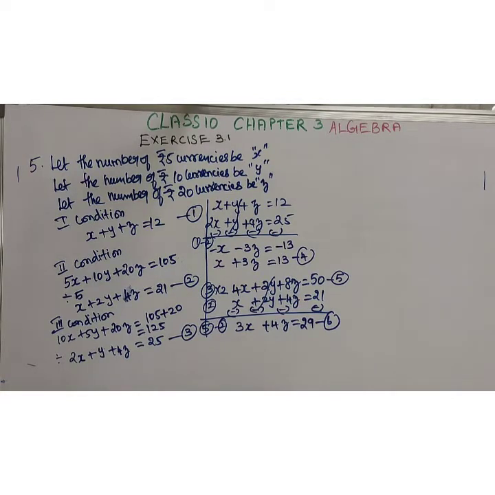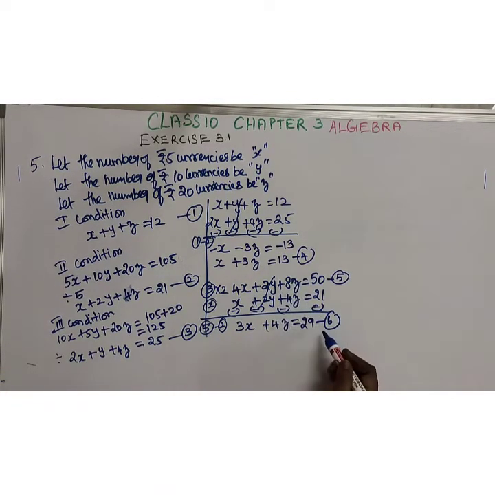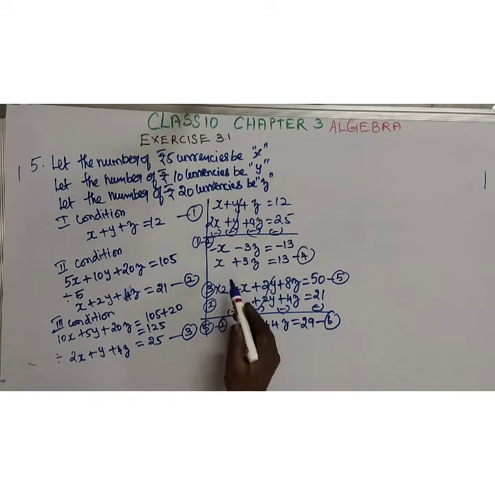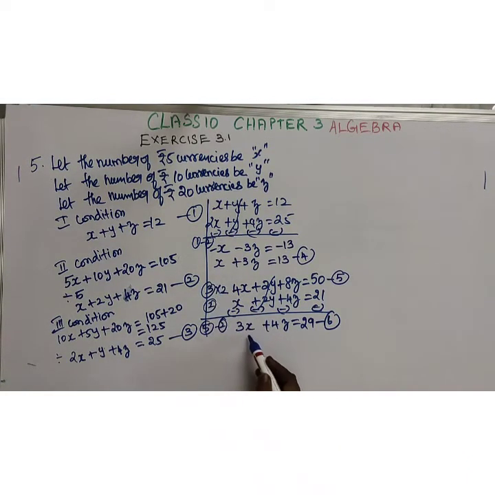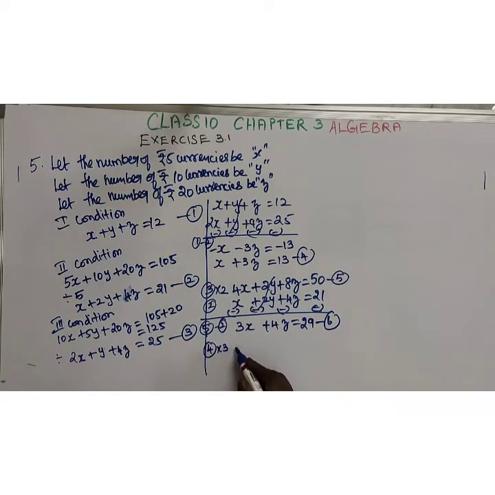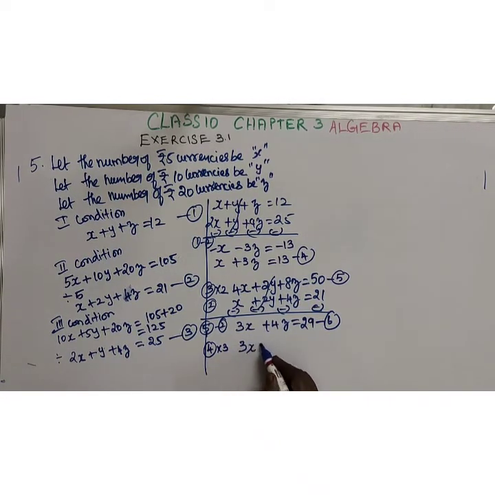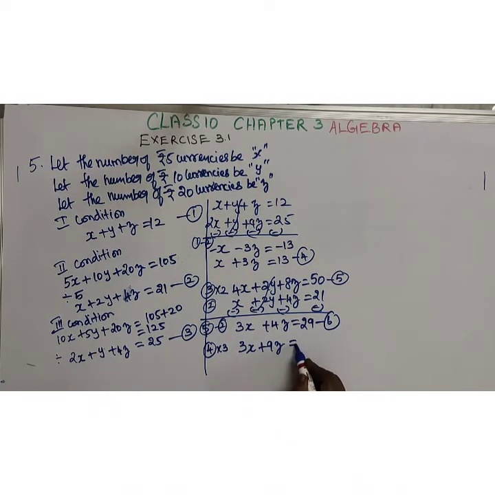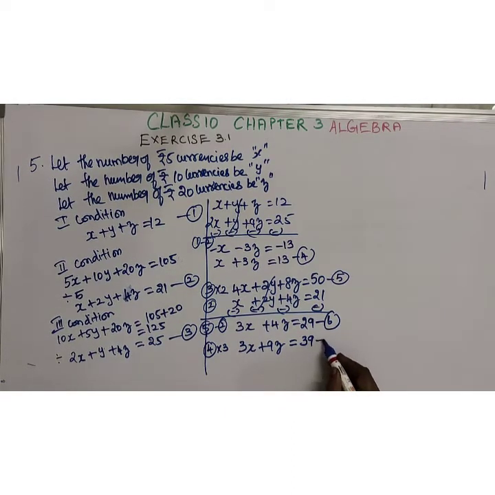Now here we have to solve this fourth and sixth equation. Now here the coefficient of X is 1, here coefficient of X is 3. Now multiply the fourth equation by 3. So 3X plus 9Z equal to 13 into 3, 39. Have this as seventh equation.